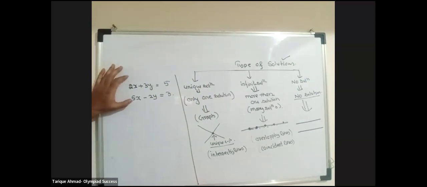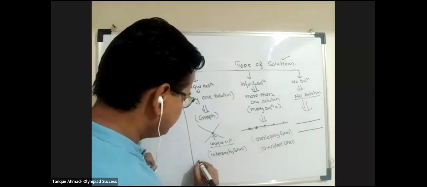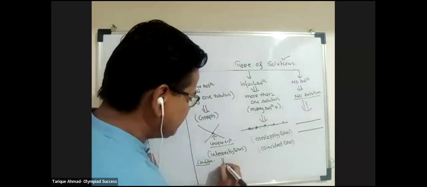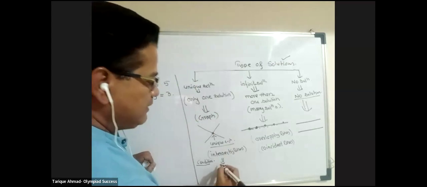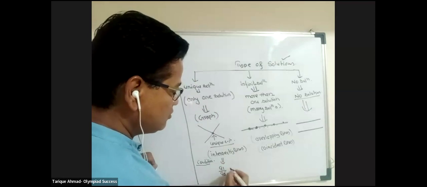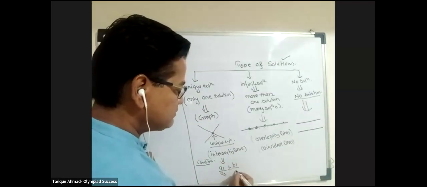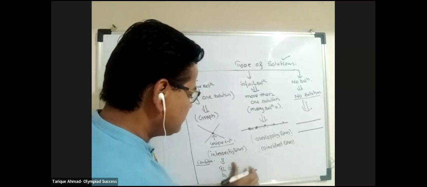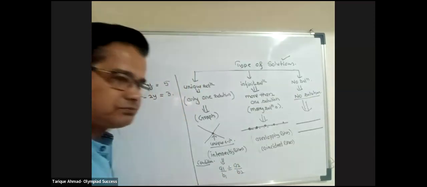So for that, I'm writing the condition for unique solution. A1 by A2 should not equal B1 by B2, or A1 by B1 should not equal A2 by B2.